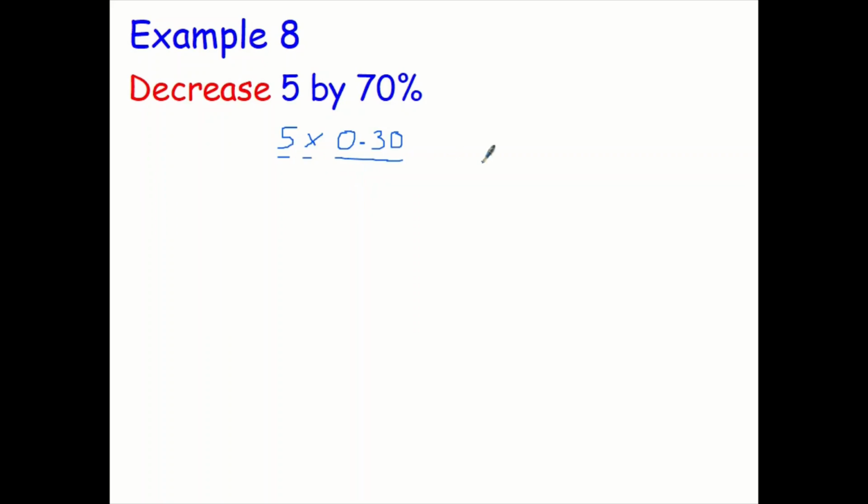Here you can see that 5 times 3 is 15. Therefore, decreasing 5 by 70% is the same as finding 30% of 5, which is just 1.5. I've done 5 times 3 in my head, which is 15, and then decided where the decimal point is, thinking about the fact that we're starting off with just 5. The sensible positioning for the decimal point gives 1.5.